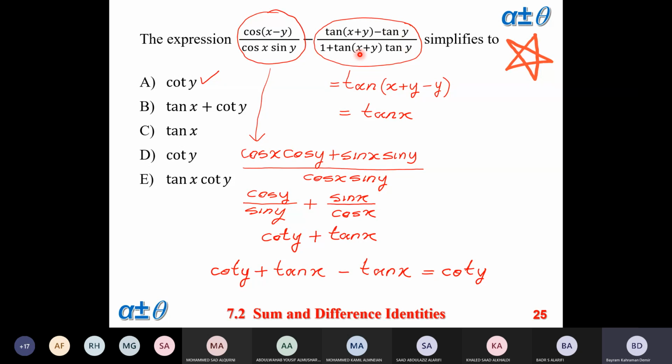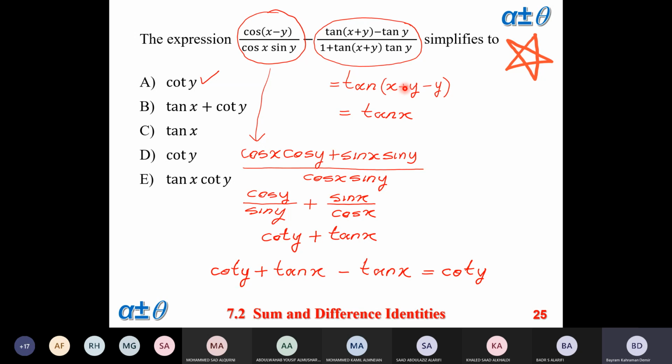In the second one, we have a tangent formula for the difference, everybody. Just imagine this x plus y is like a z, to make it look clear for you guys. It's tangent z minus tangent y divided by 1 plus tangent z tangent y. Well, that is the formula for tangent of z minus y, correct?